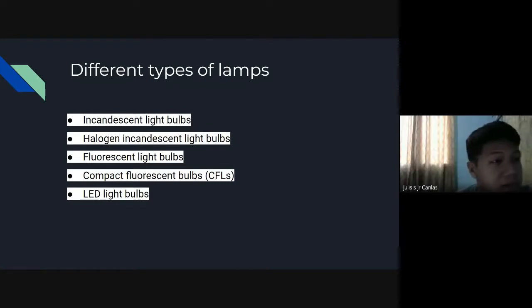The next part of our presentation is different types of lamps: the incandescent light bulbs, halogen incandescent light bulbs, fluorescent light bulbs, compact fluorescent bulbs, or what they call CFLs, and the last one is LED light bulbs.